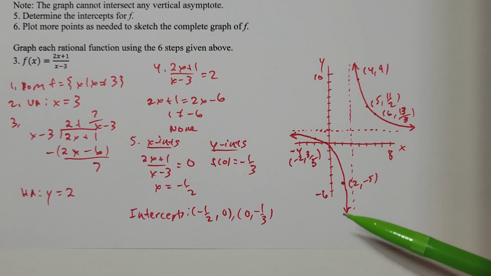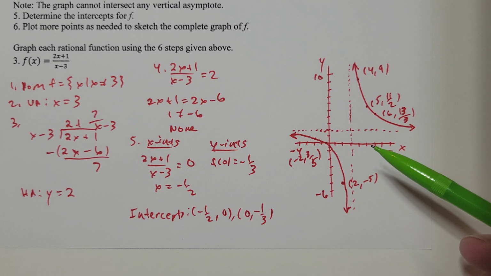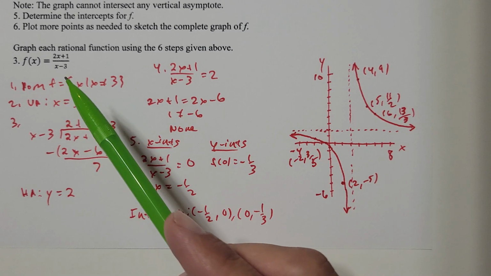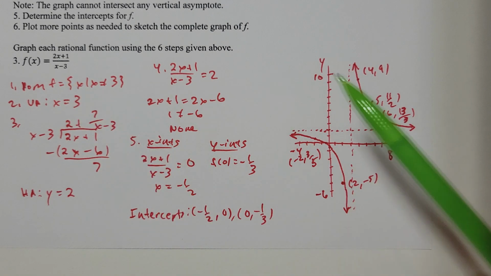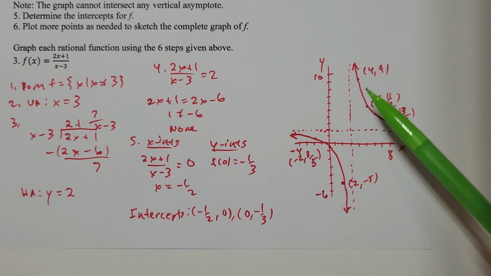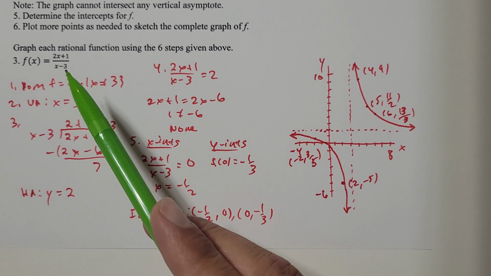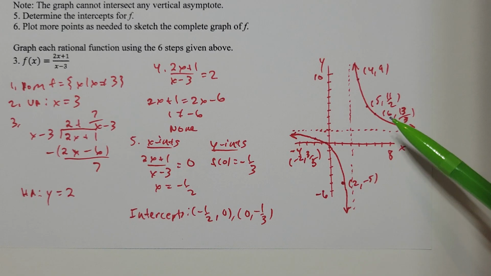Now on the right side of the graph, if I continue to select some numbers, like if x is 4, 2 times 4 is 8, plus 1 is 9, divided by 1 is 9. So the point 4, 9 would be on the graph. If I let x be 5, 2 times 5 is 10, plus 1 is 11, divided by 2, 11 halves, that's the same as 5 1/2.